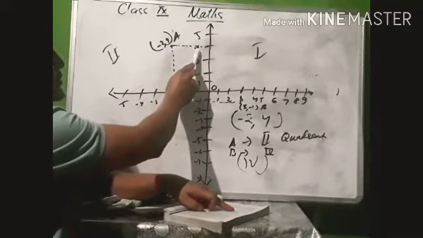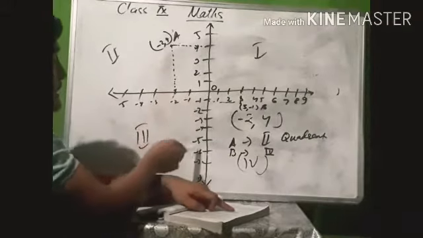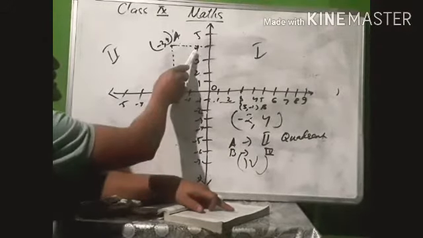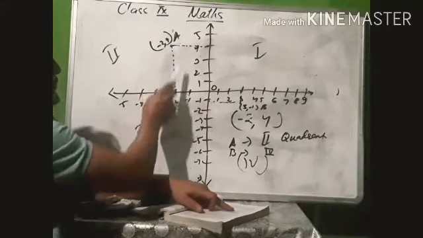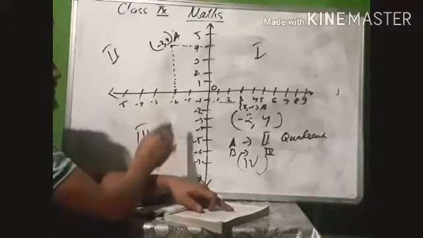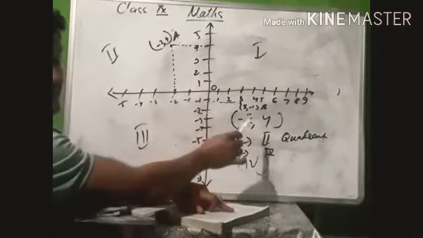You may have a positive 4 and a negative 4. Negative 4 is here for the y-axis and positive 4 is here. So we will go to positive 4, going upward, not downward.